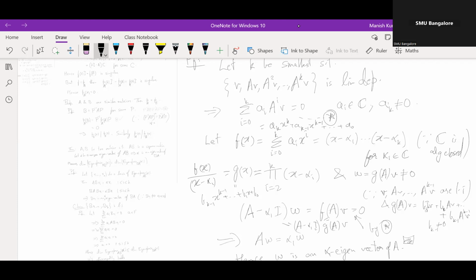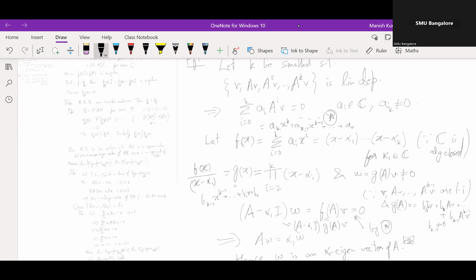Okay. So what we get is that this is a non-zero vector, because the vectors v, Av, up to A^{k-1} v are all linearly independent by the choice of k. k was the smallest such that this is linearly dependent.